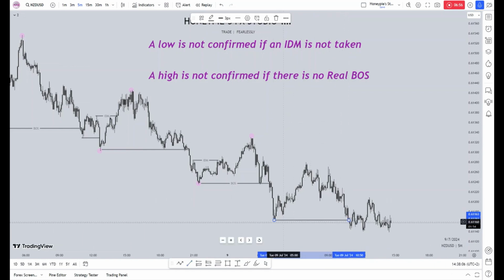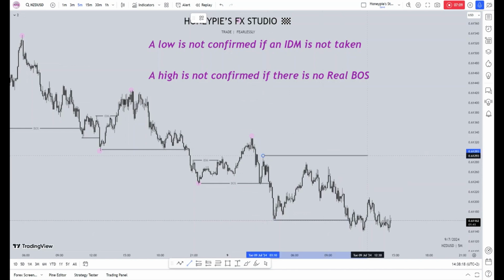Now, is this a real break of structure? No. Why is this not a real break of structure? Because price did not take an inducement, and this is the last pullback before that zone. So over here, this is what happened: price did not take out this zone over here. So this is not a real break of structure. And this high is not confirmed because this break of structure is not a real break of structure.